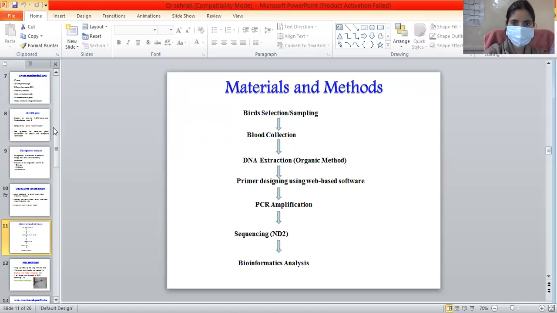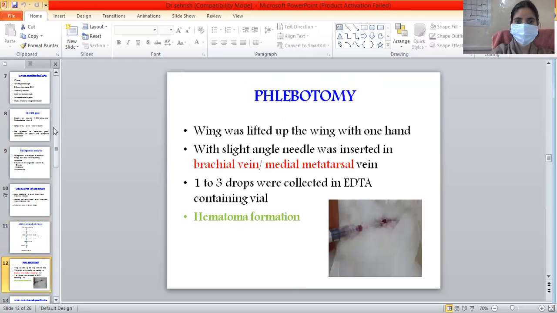First of all, the birds were selected on the basis of phenotypic characteristics, and then phlebotomy was performed for blood collection from the wing vein, which is actually the brachial vein. DNA extraction was done by the organic method, because in the beginning the blood sample was very low. The primer was designed for amplification of the ND2 gene because the mitochondrial full genome is available in the NCBI repository. Then PCR amplification was done, followed by sequencing and bioinformatics analysis.